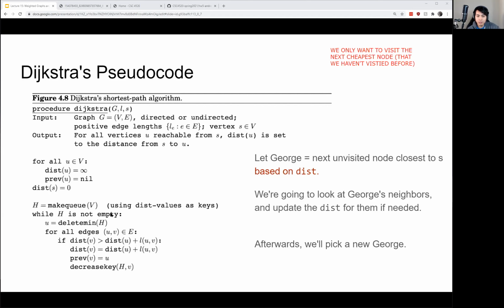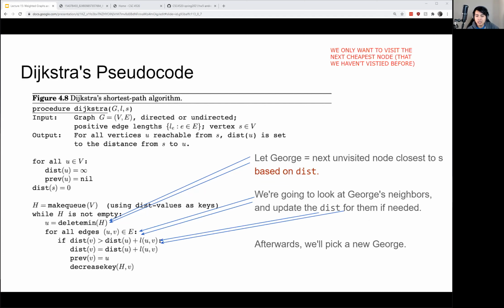And while that priority queue is not empty, we're going to pick a George. That's what this line means. U is equal to delete min of H means we take the next smallest unvisited node and we pop it off our queue. From there, we're going to look at all of the neighbors, right? And we're going to update the distance for them if we need to.